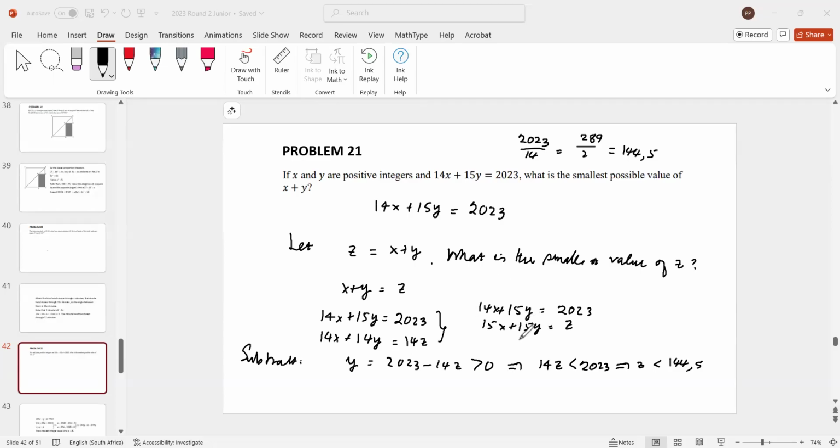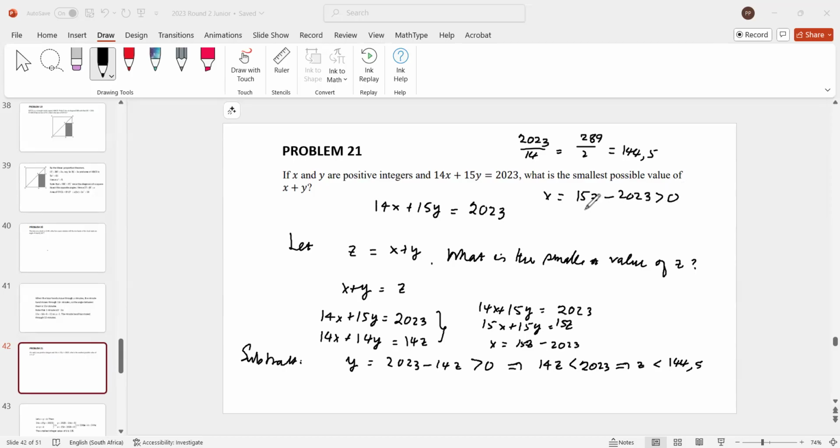When you subtract that way, you get that x is equal to, take the small one away from the big one, 15z minus 2023. Everything is all squashed up here. 15z minus 2023. That's your x. And again, you want this to be a positive integer.